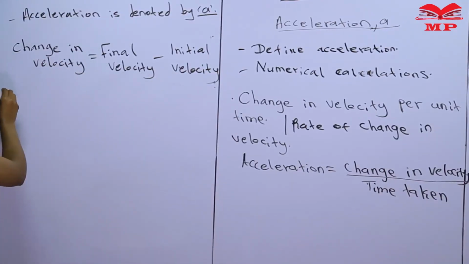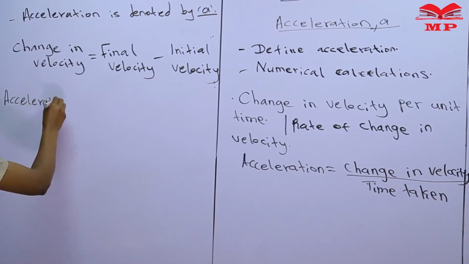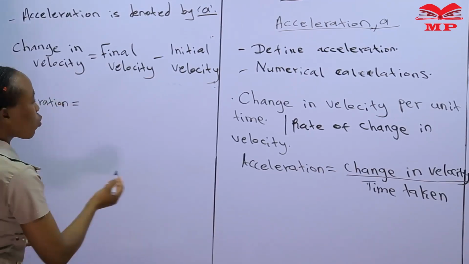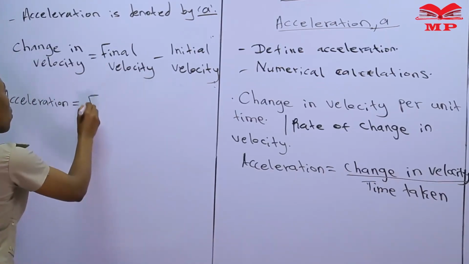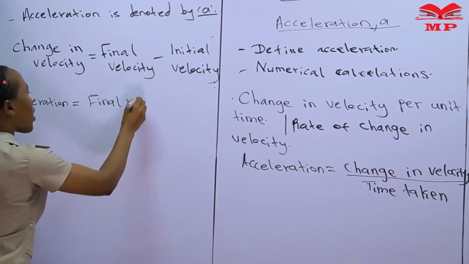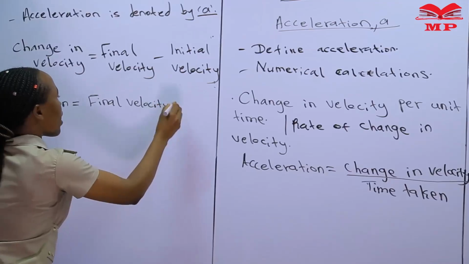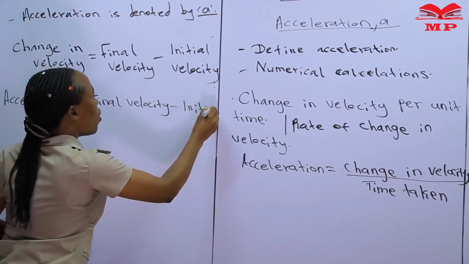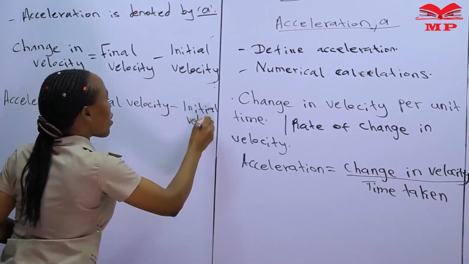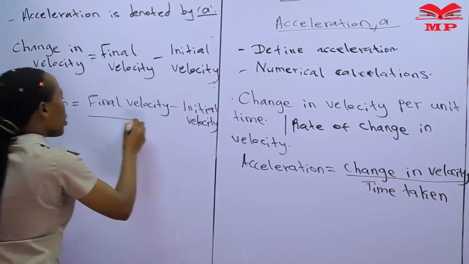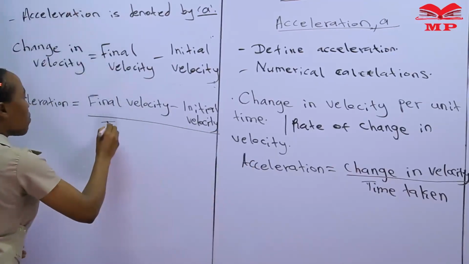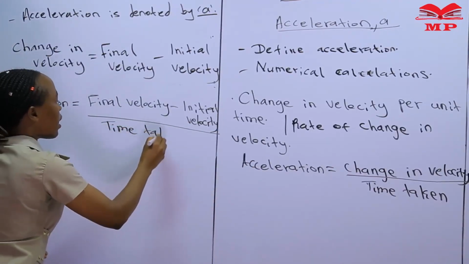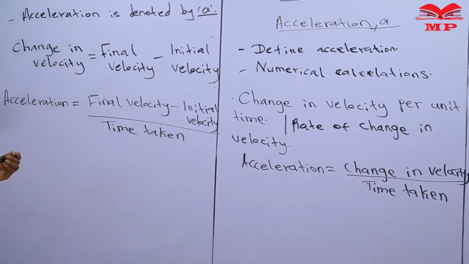And therefore, acceleration will be equal to the change in velocity, which is final velocity minus the initial velocity, divided by the time taken. This one will give us the acceleration.